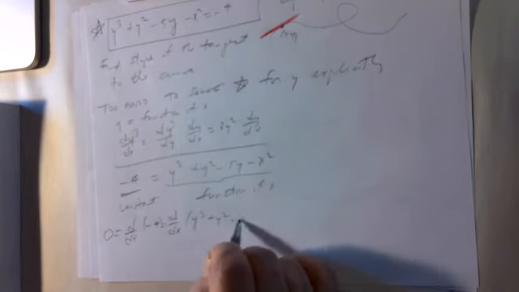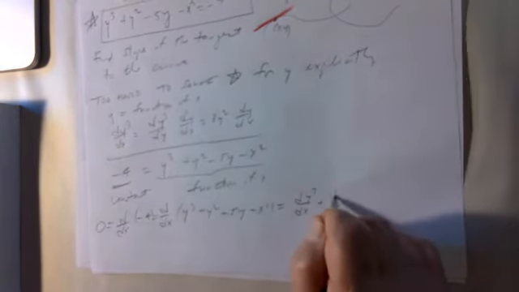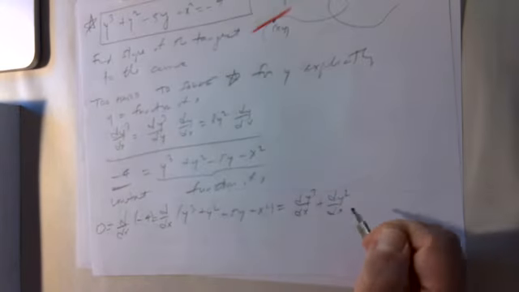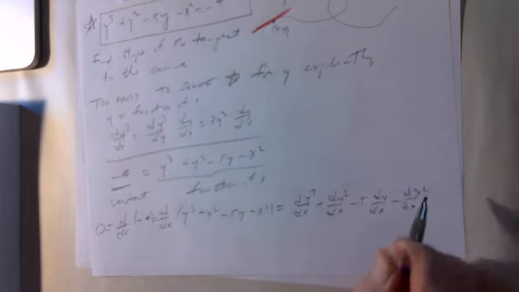But that's the derivative of what's on the left that equals the derivative of what's on the right. And you can differentiate term by term. This is the derivative of y cubed with respect to x, plus the derivative of y squared with respect to x, minus 5 times dy/dx, minus the derivative of x squared with respect to x.